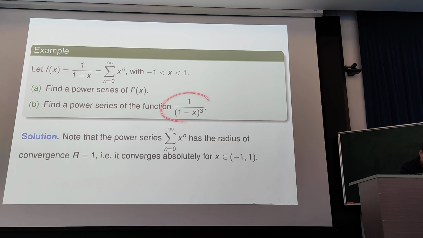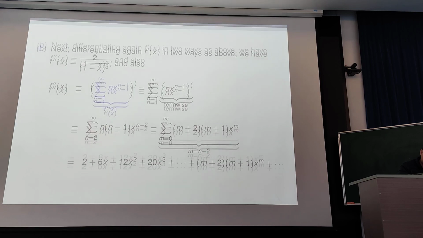That means you are given this function, and you might think about whether it is a derivative of which function. And do we know the power series representation of that function? That is the main point.